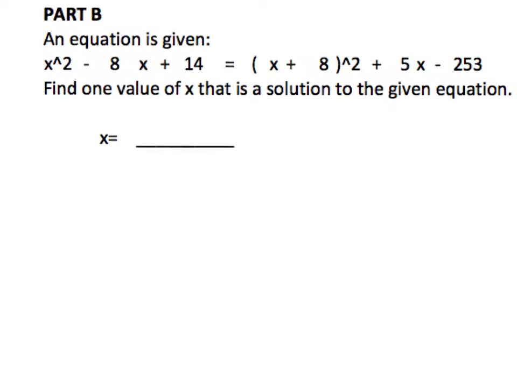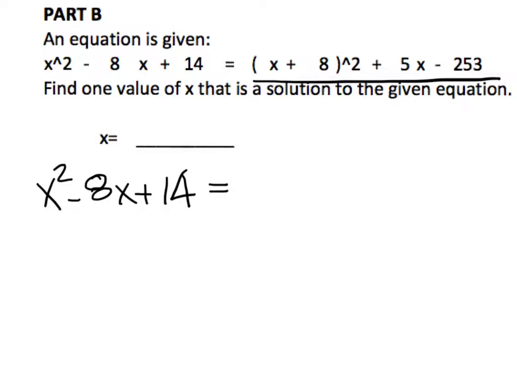But now we have to do part B. And on part B, we have x squared minus 8x plus 14, and we're setting that equal to this. We need to expand out the quantity squared of x plus 8, and that would be x squared plus 16x plus 64.